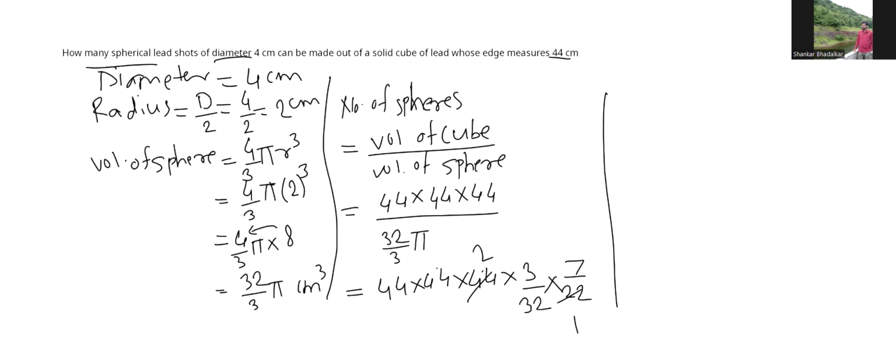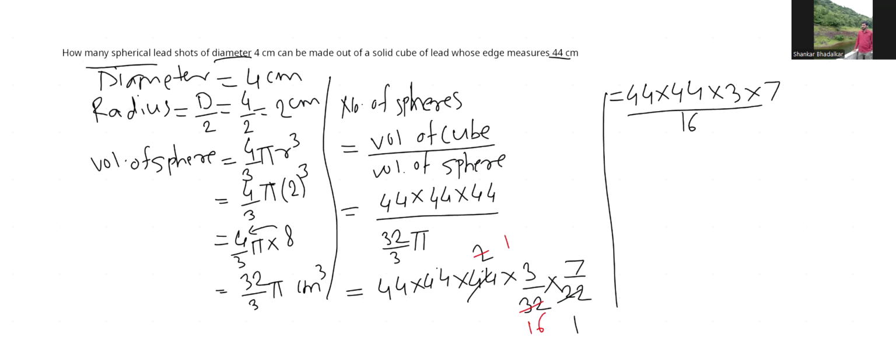Then 2 1 is 2, 2 16 is 32. Then what is left? We can see 44 into 44 into 3 into 7 divided by 16.